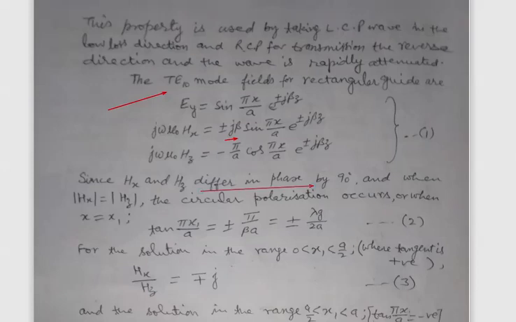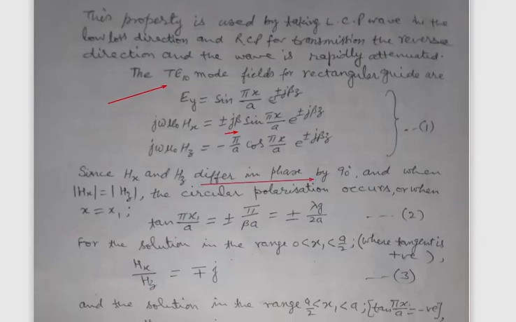Now suppose we take the value of x equal to x1, at which these two fields Hx and Hz have the same modulus. Then from equation 1, the value of tangent of pi x1 upon a comes out to be plus minus pi upon beta a, and if we put the value of beta as 2 pi upon lambda g, then this comes out to be plus minus lambda g upon 2a.